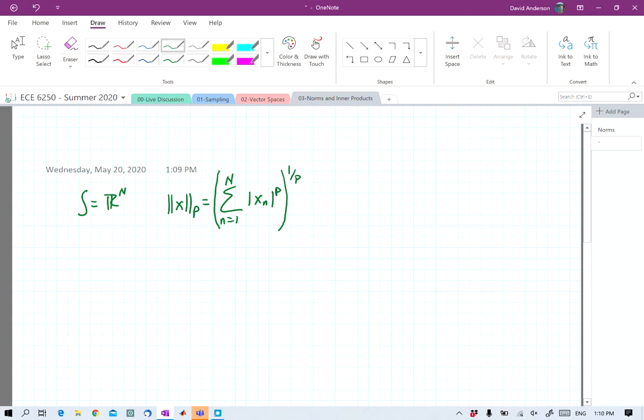Well, it's because it relates it back to this LP norm. So this is for some value of p, and it can range from 1 to infinity.